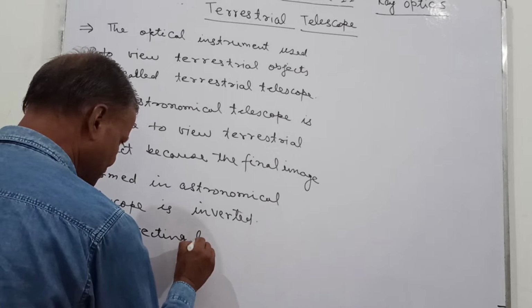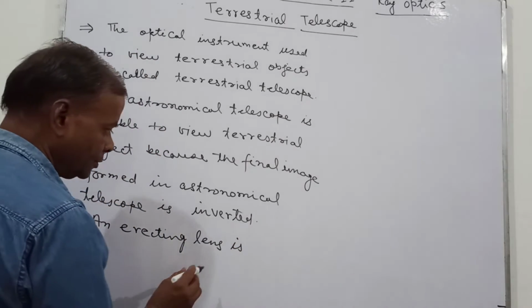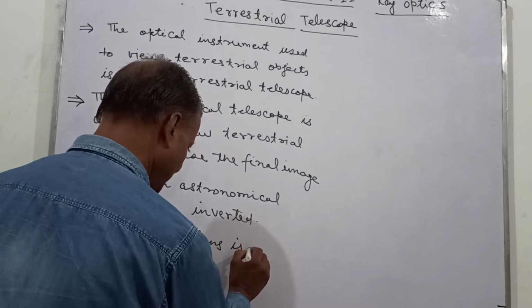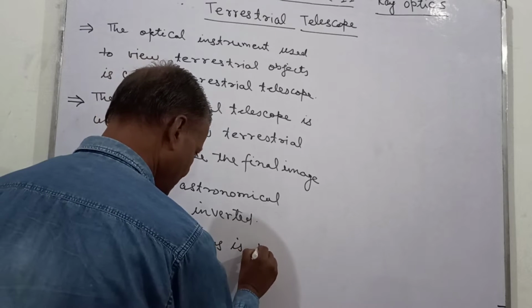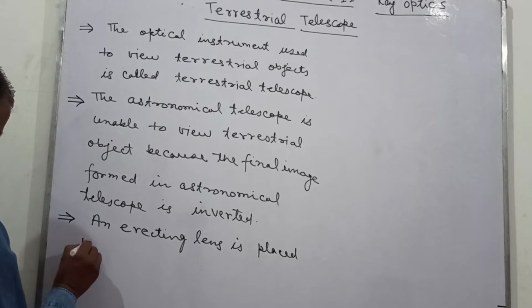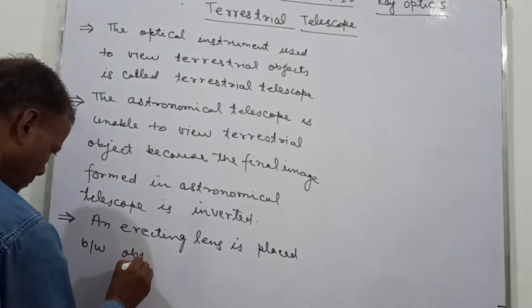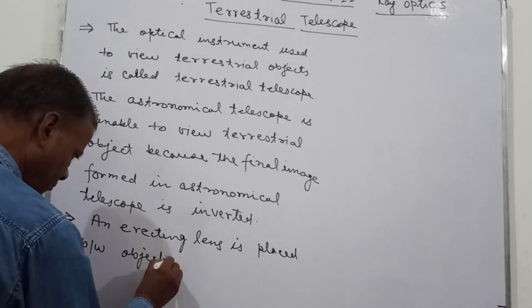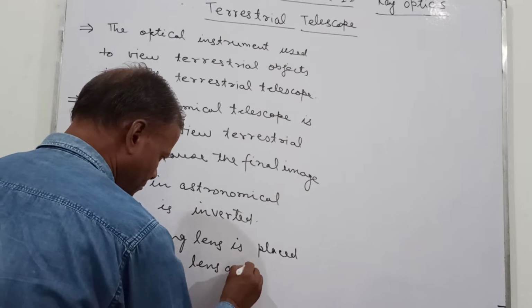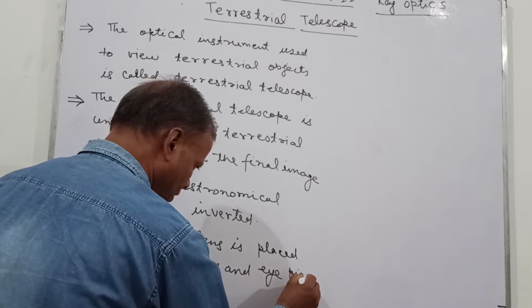An erecting lens is placed between the objective lens and the eyepiece.